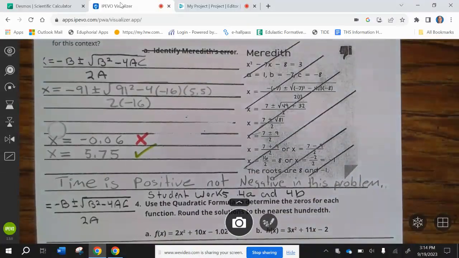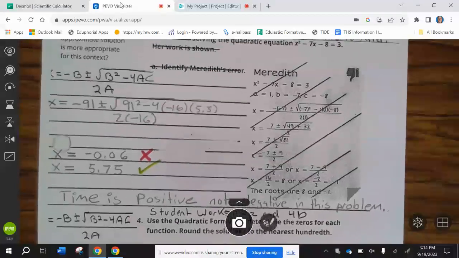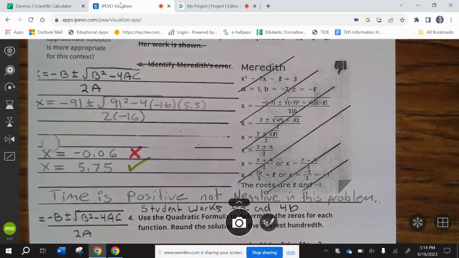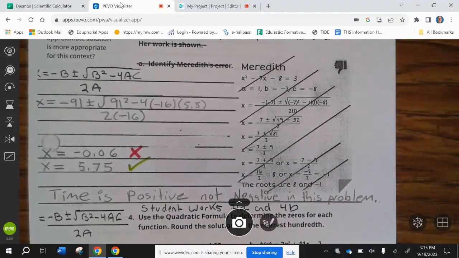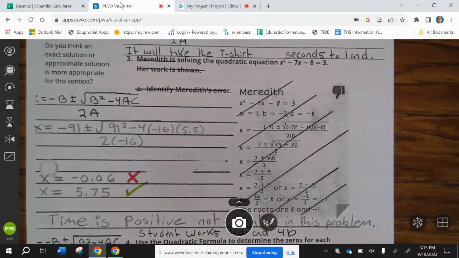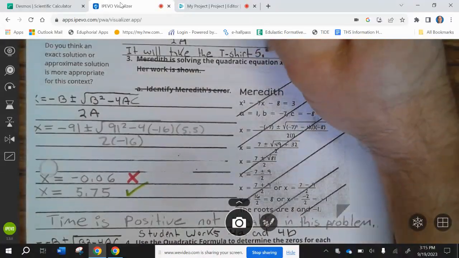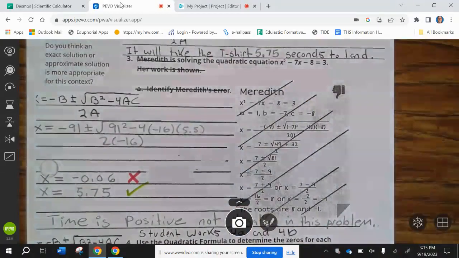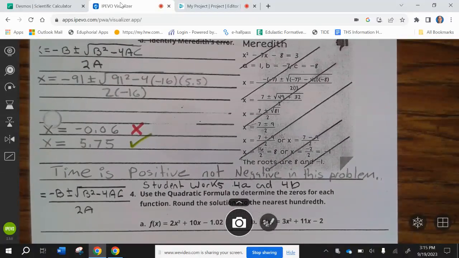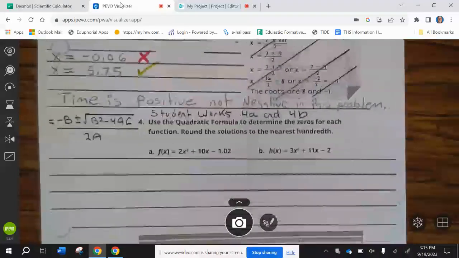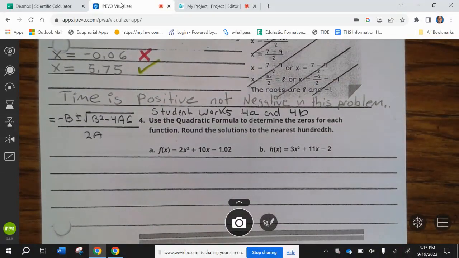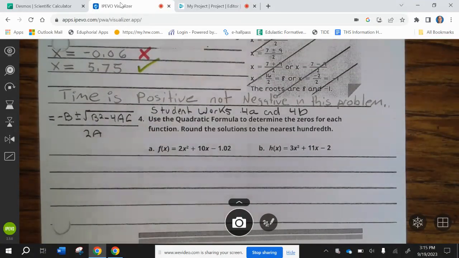Go ahead and finish that up. It will take the t-shirt 5.75 seconds to land. Student works 4A and 4B. Let's take a look at the next page.